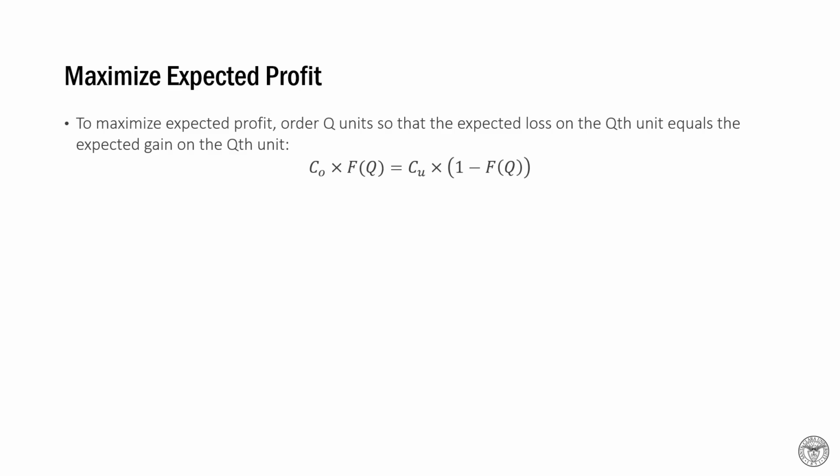This is achieved when Co times F(Q) equals Cu times 1 minus F(Q). By rearranging these terms, we derive the critical ratio: F(Q) equals Cu divided by Co plus Cu.